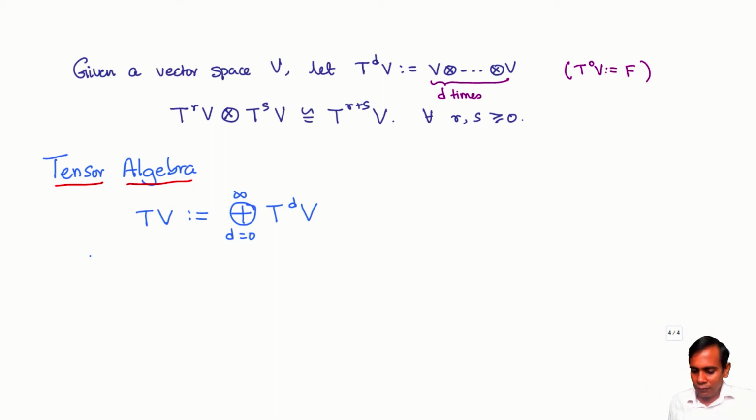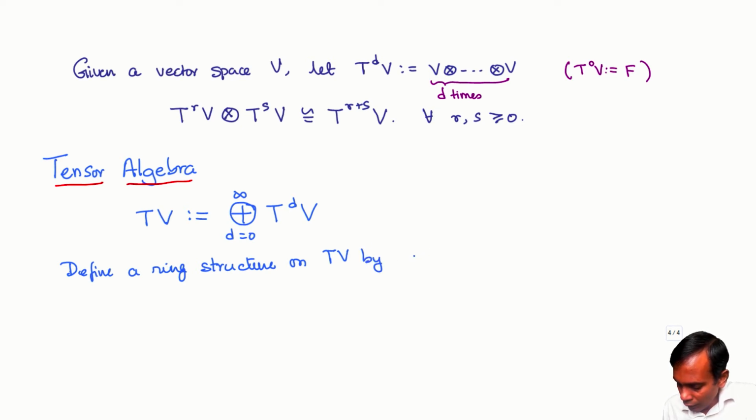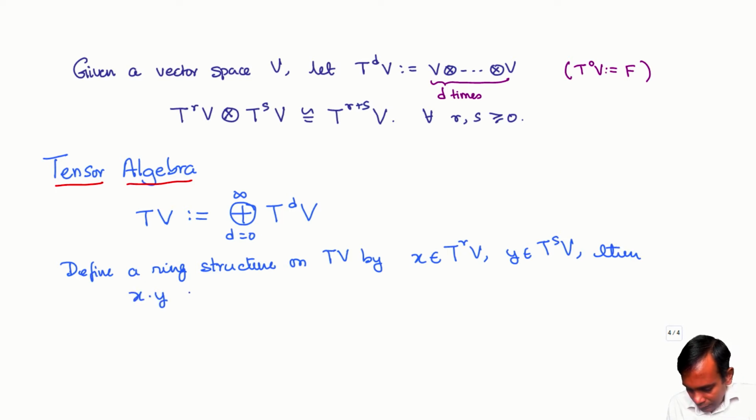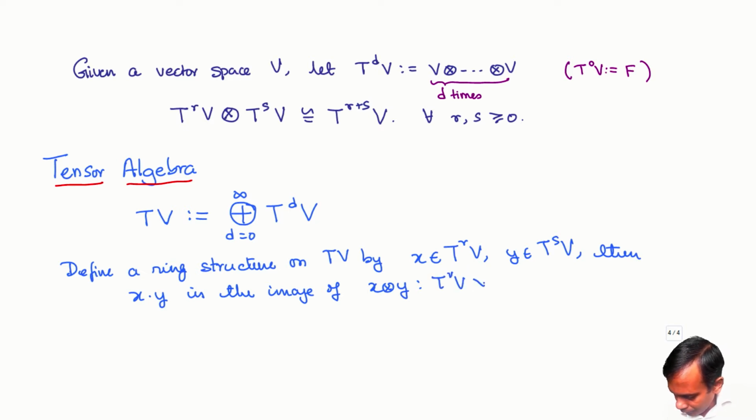So what we do is define a ring structure on TV by, if you have x belongs to TRV, y belongs to TSV, then x dot y is the image of x tensor y from TRV tensor TSV to TR plus SV.